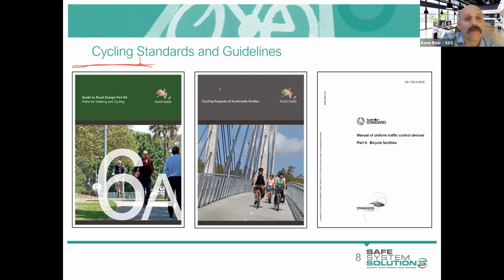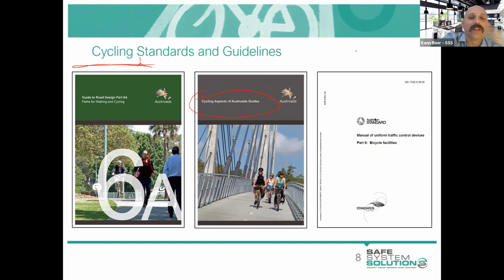There's also this document, the cycling aspects of the Austroads Guide. So that was actually a document that's specific, that pulls together all the different bits of information about cycling in the different Austroads Guides into one handy document to look at. So that's available to you as well.